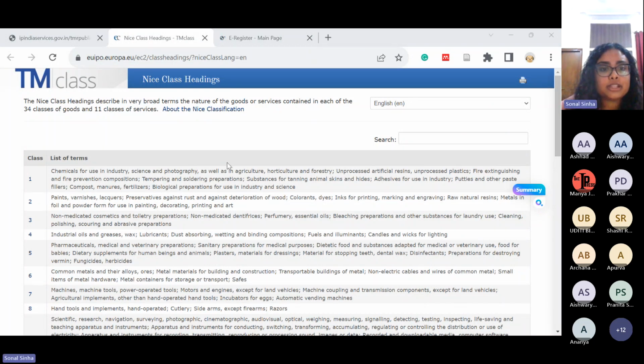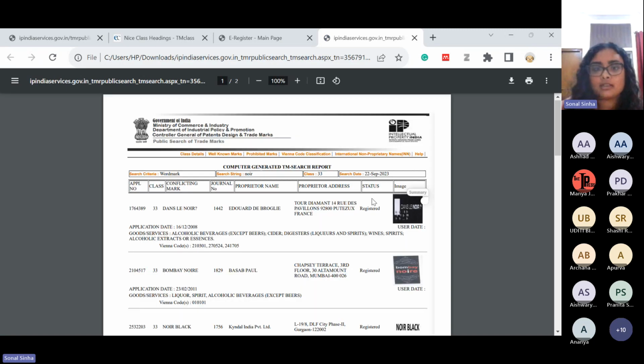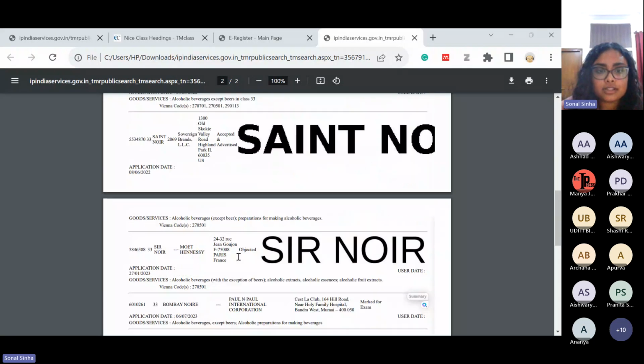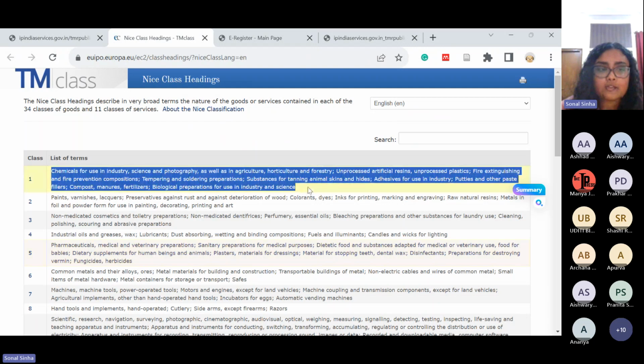So this is also an exercise that you do as a trademark attorney when you're filing an application. Filing an application is not just putting the name of the proprietor and the address. You also have to do this, and this takes a lot of effort, guys. You can't just copy paste this and put it into your application. You have to customize this according to the client, and that I will teach you during the course.